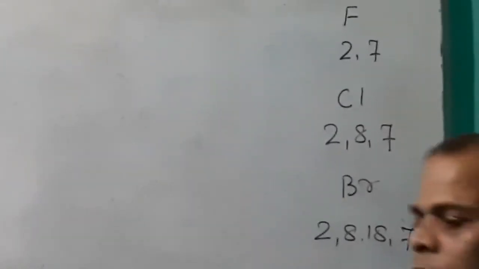So what does it mean? While moving from top to bottom across the group, valence electron remains the same.